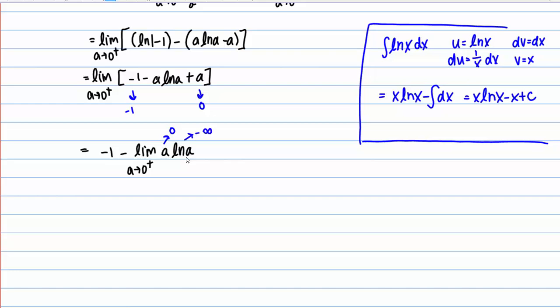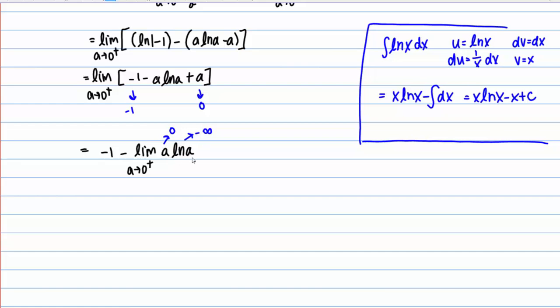So what we've got here is an indeterminate form. Often L'Hopital's rule is a useful technique for evaluating indeterminate forms within limits. But to use it, your form has to be either 0 over 0 or infinity over infinity. So we need to see if we can rewrite this.